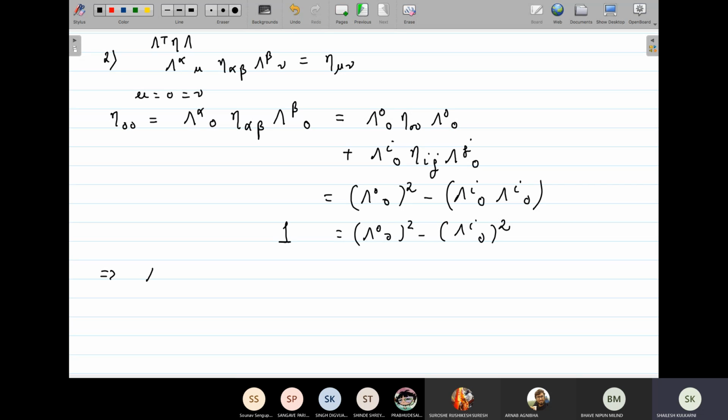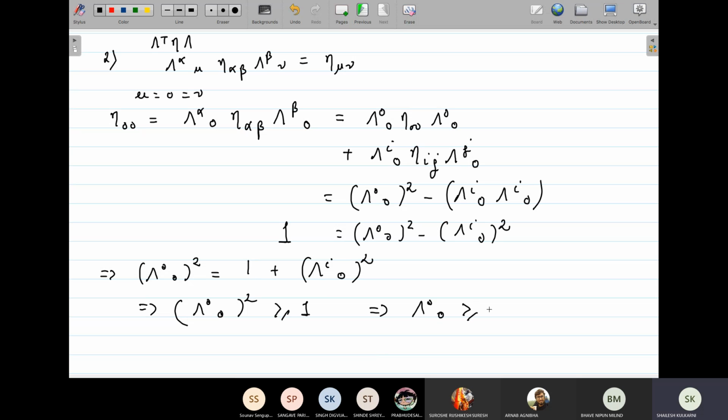Hence lambda 00 squared must be equal to 1 plus lambda i0 squared. What does it mean? It means that lambda 00 squared is always greater than or equal to 1, because these are squares of some quantity. It implies that lambda 00 is either greater than or equal to 1 or less than or equal to minus 1. Is it clear?